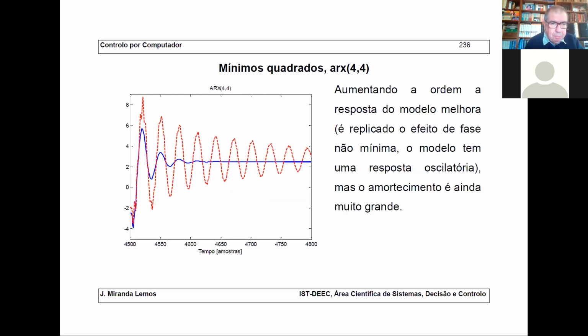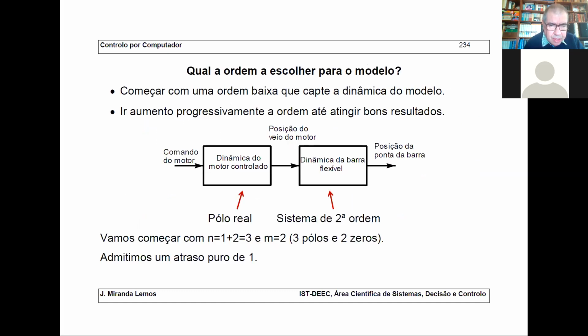Now, let's improve the order. So instead of having three poles and two zeros, I have four coefficients in A and four coefficients in B. Sorry, this is not two zeros, but 1 zero with two coefficients, because the B has two coefficients. This is wrong.